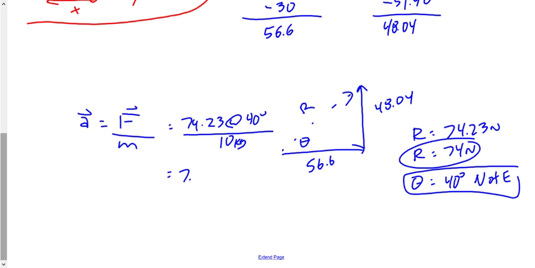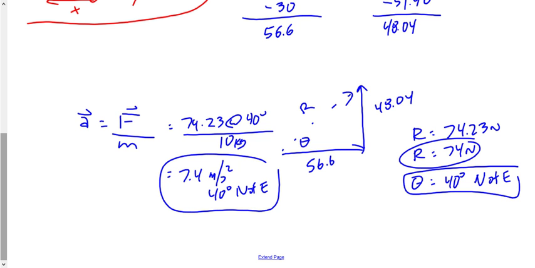Gives me an acceleration of 7.4 meters per second squared at 40 degrees north of east. We don't divide the 40 by 10, right? We divide the force by 10, and then the acceleration will just be in the same direction as the force was, which happens to be 40 degrees. Good?